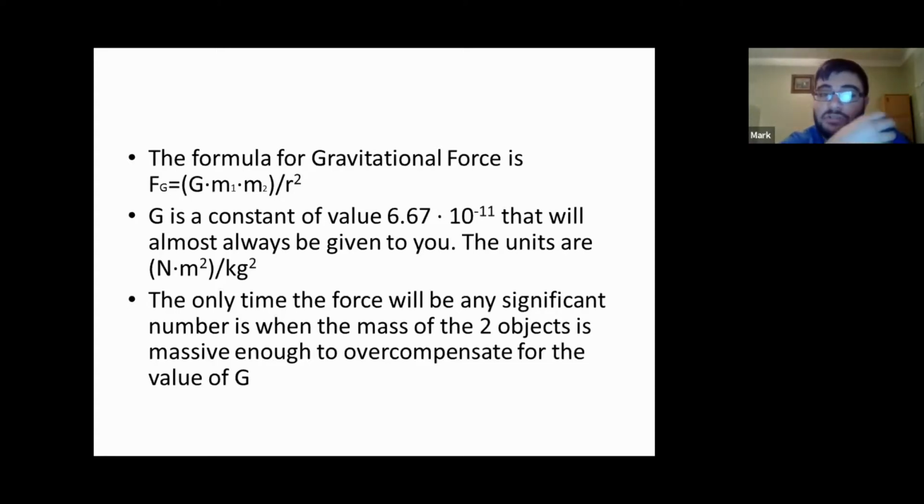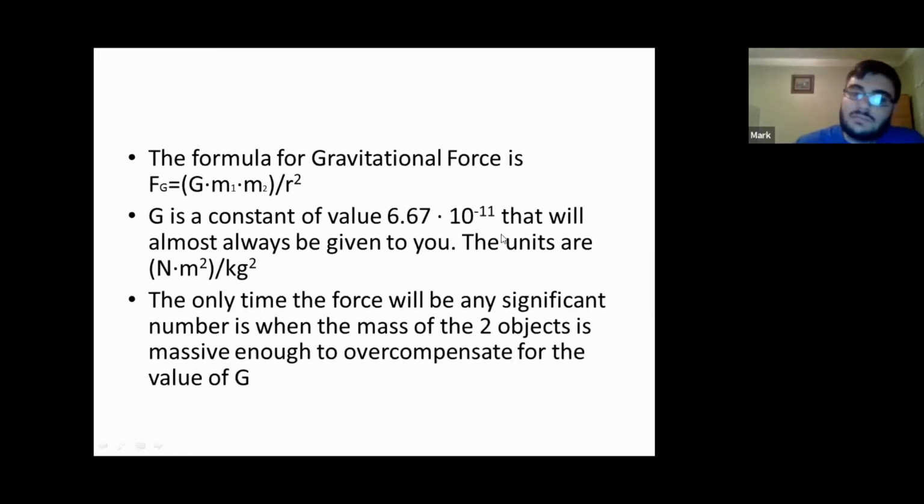Again, because big G is so small, if you calculated this using my mass and this water bottle's mass, the resulting force would be something like 10 to the negative 10 or 11 newtons, which is so small compared to the gravitational force from the Earth on this, which is probably around 10 newtons. 10 newtons versus 1 times 10 to the negative 10 newtons, big difference.